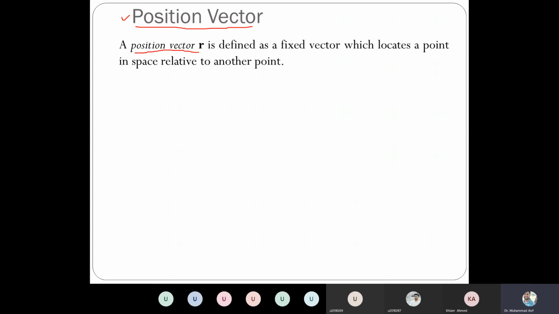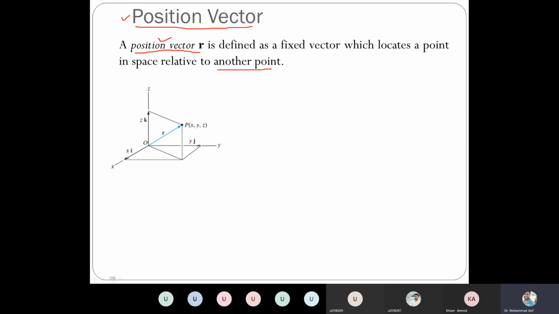A position vector is basically a fixed vector which locates a point in space relative to another point. Now another point could be an origin, it could be any point in space. That means you can specify any point in space with reference to some certain point.